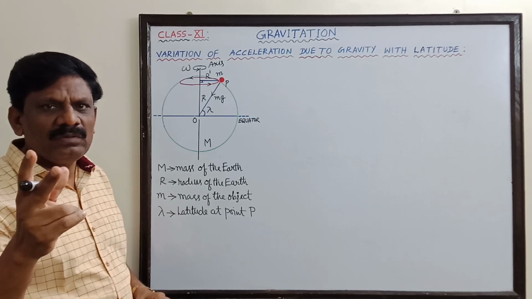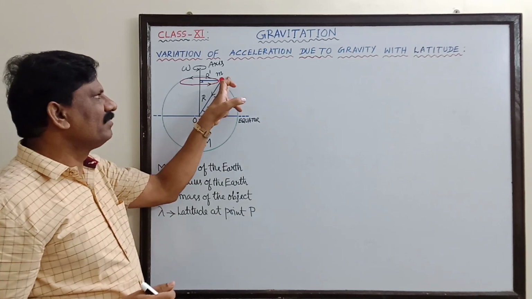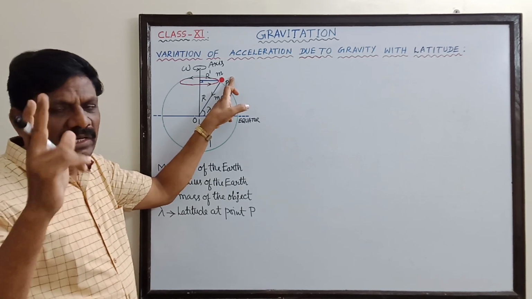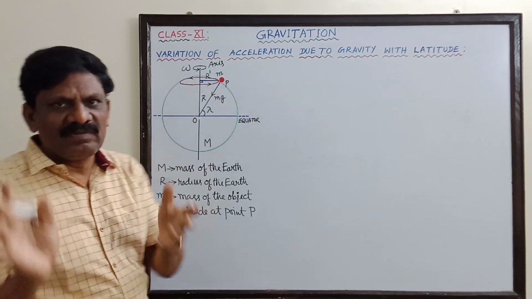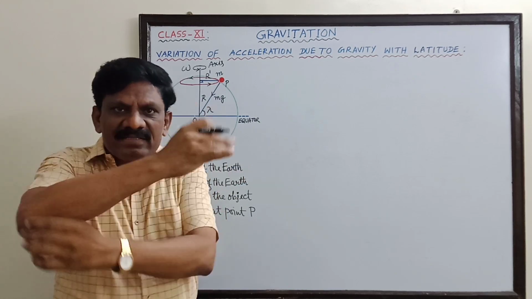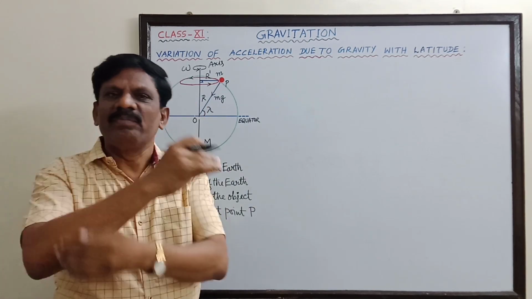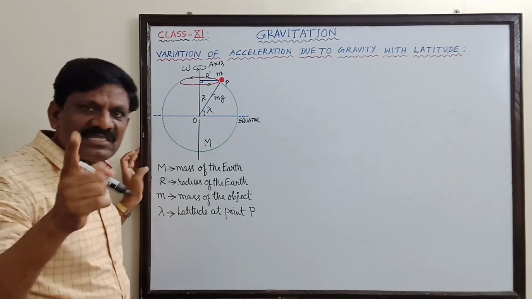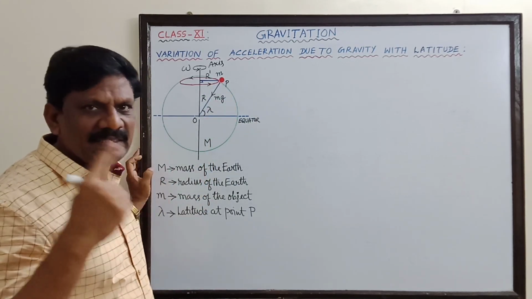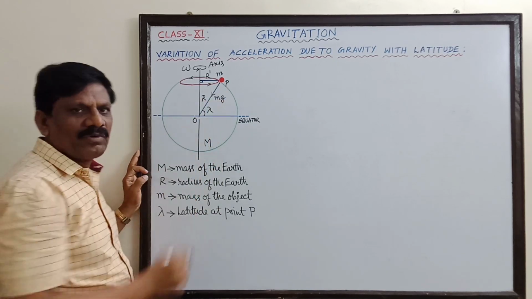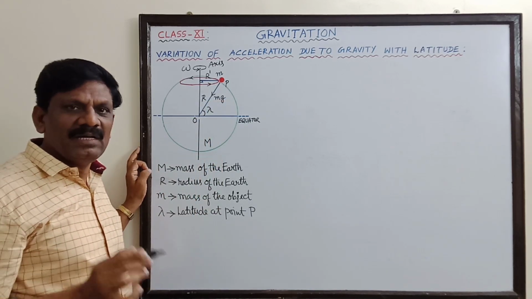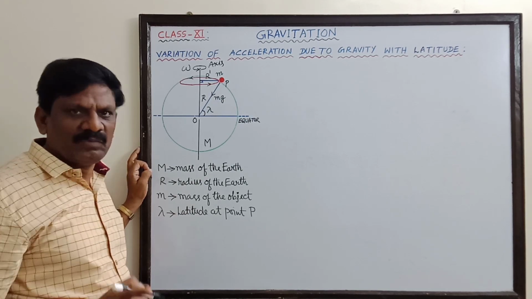If you stand on the surface of the earth at point P, in 24 hours, when the earth completes one rotation, this particle at P must have revolved in a circular path, is it not? So as per the definition of rotational motion, each particle on the surface of this sphere must have exhibited circular motion.